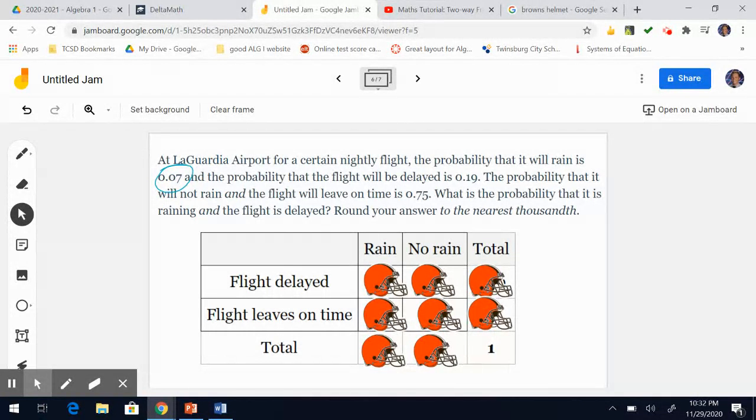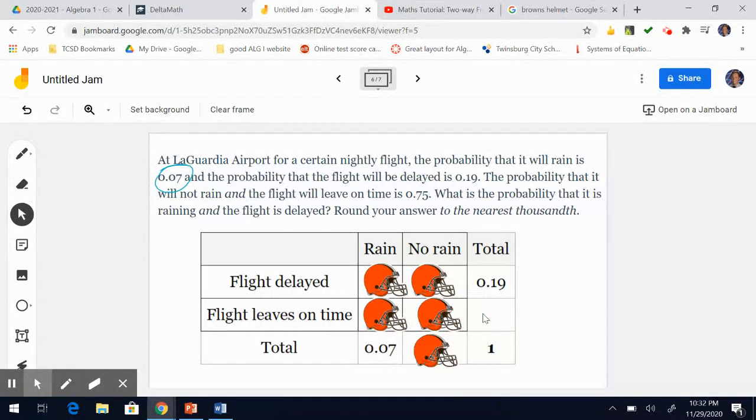So they said 7% that it will rain, so rain total is going to be right here at 0.07. The probability that the flight will be delayed, just being delayed, is going to be a total of 0.19. So now we can move this box and this box because we can do our subtraction problems here.